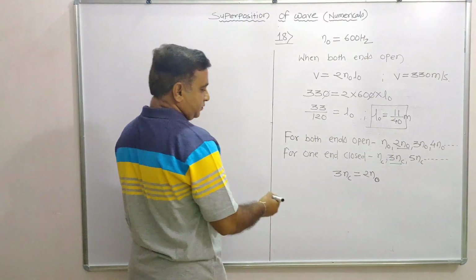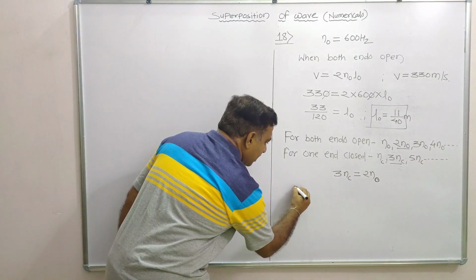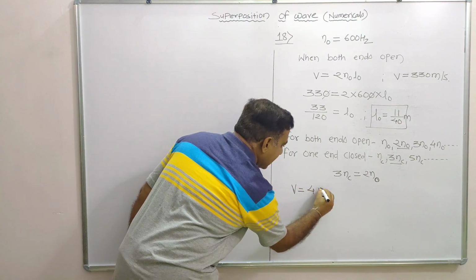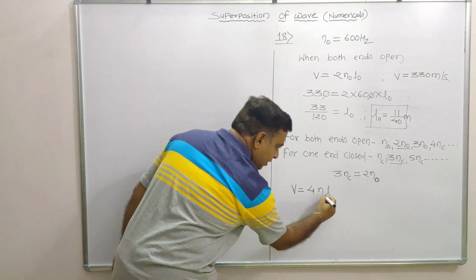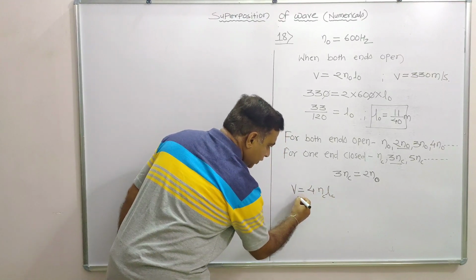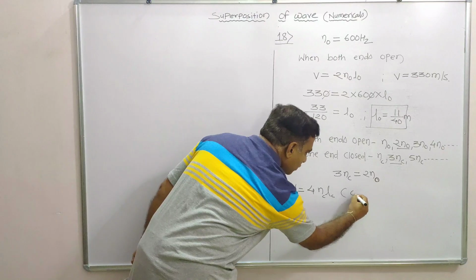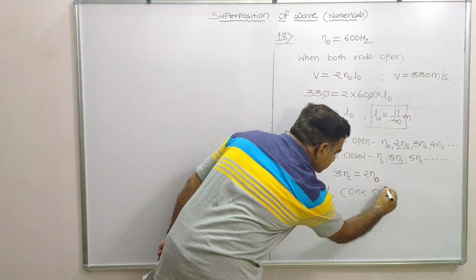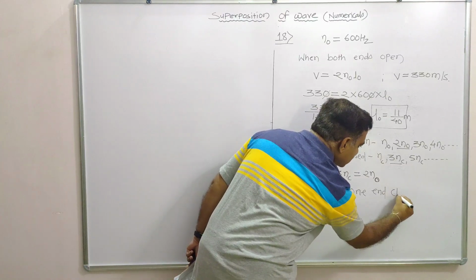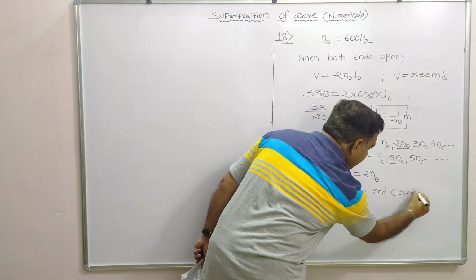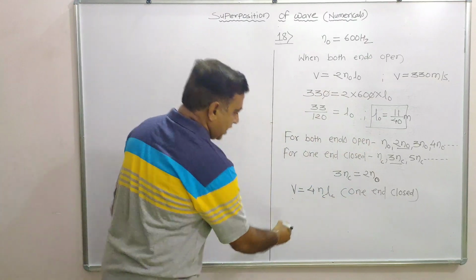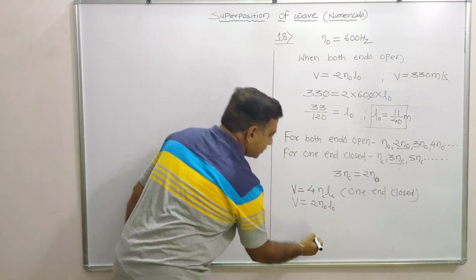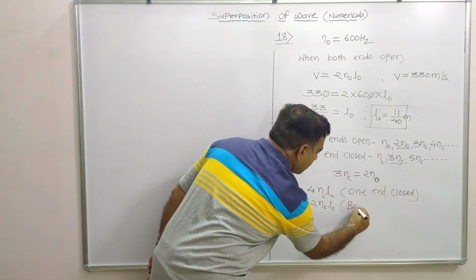We know the velocity formula: V is equal to 4NL for one end closed, and V is equal to 2N0 L0 when both ends are open.